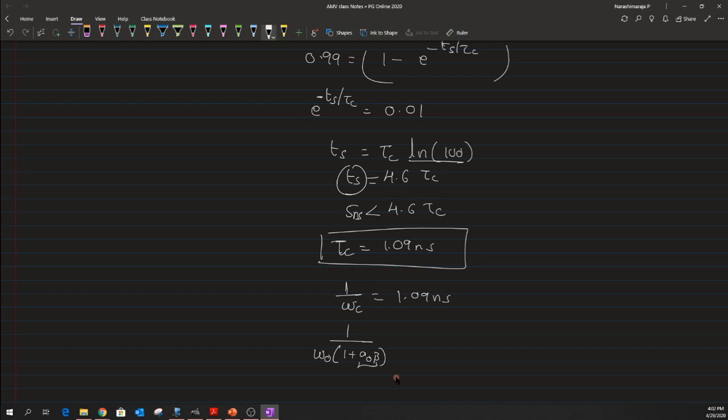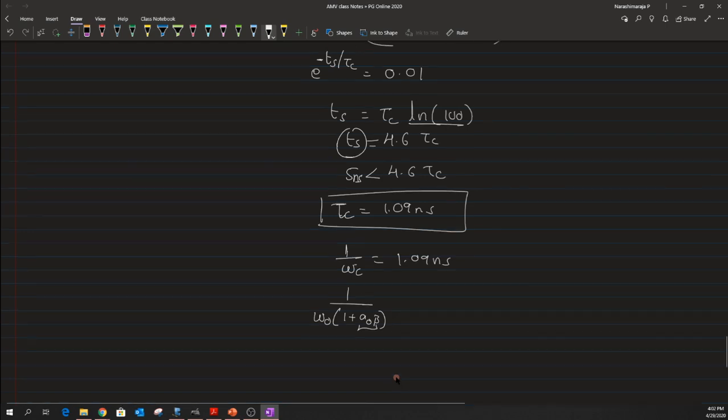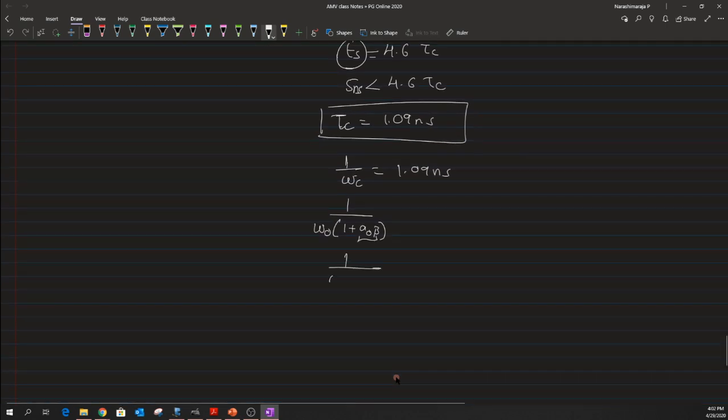If I assume that this particular factor is quite larger than 1, I could write it as omega naught a naught times beta equal to 0.09 nanosecond. From here, the nominal value of the gain expected out of the circuit is basically 10, which means that the DC gain of this closed loop system is equal to 1 upon beta, and that is supposed to be equal to 10.